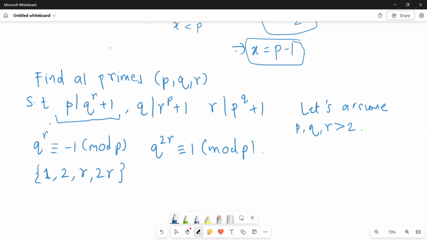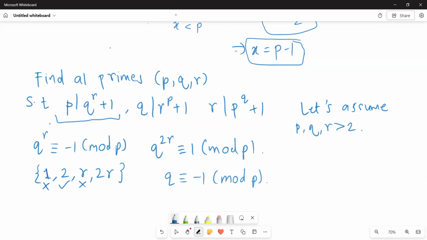And then in this case, the order can't be 1. The order can't be r also, because q to the power r is congruent to minus 1 and p is not equal to 2. Can the order be equal to 2? So something like q is congruent to minus 1 mod p. This can also happen, right? If this happens, then the order is 2, and since r is an odd prime, q to the power r is also congruent to minus 1 mod p.